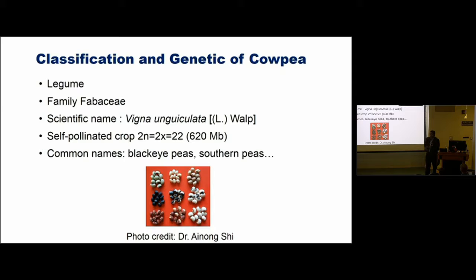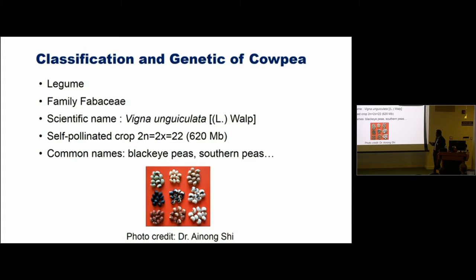I think it's worth mentioning what cowpea is, because it is not a very popular crop such as rice, wheat, or soybean. So cowpea, it's a legume. It belongs to the family Fabaceae, and this is the scientific name. Cowpea is a diploid species. It has 11 haploid chromosomes. It's a self-pollinated crop.